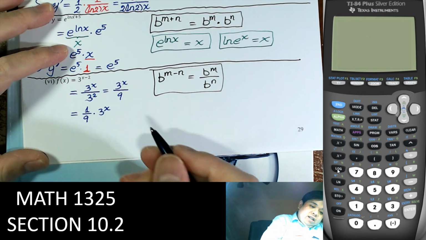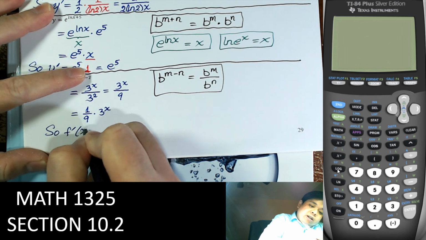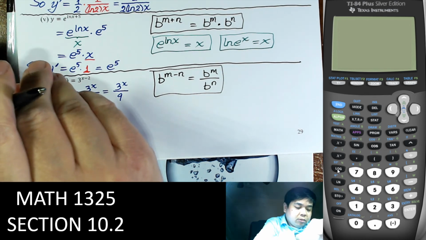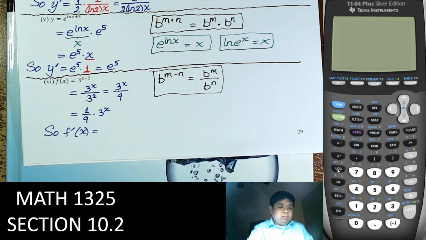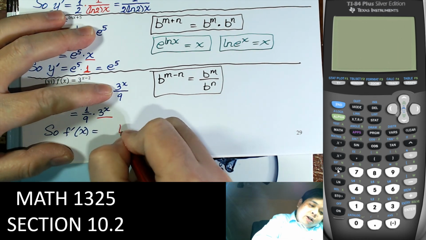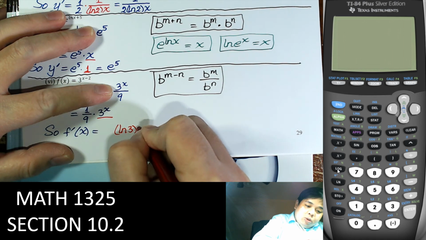Now it will be easy. The derivative is easy because now we have something to the x power. So the derivative of 3 to the x is ln of 3 times 3 to the x.